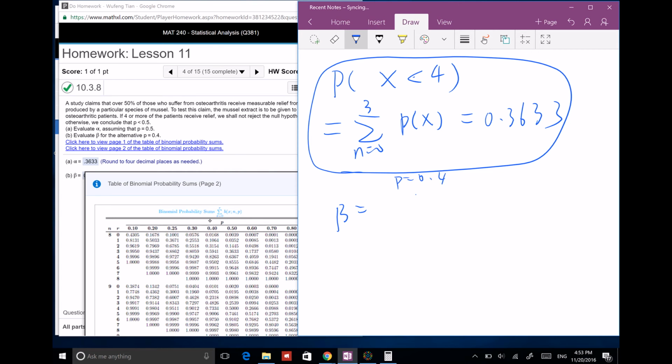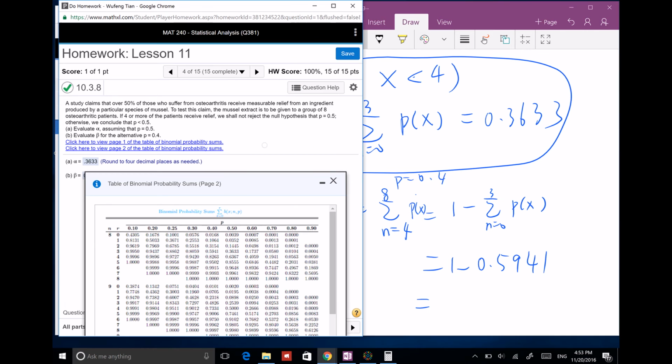So non-reject is going to be n from 4 to 8. So it's 1 minus the probability of x from n equals 0 to 3. Okay, so now this one, you got 0.4, is 1 minus 0.5941.